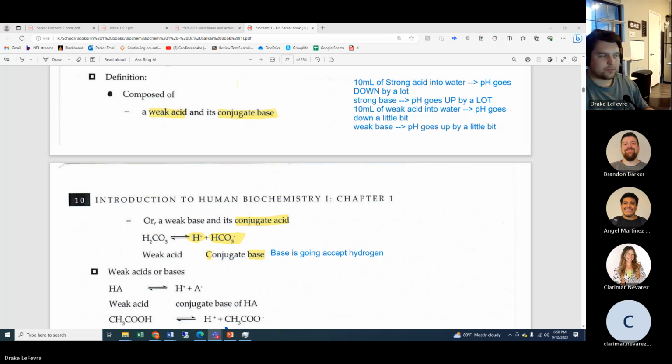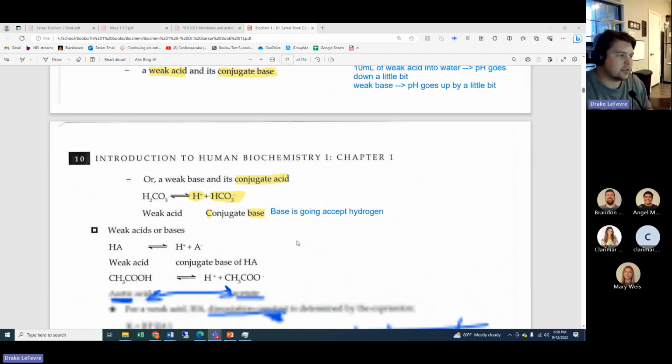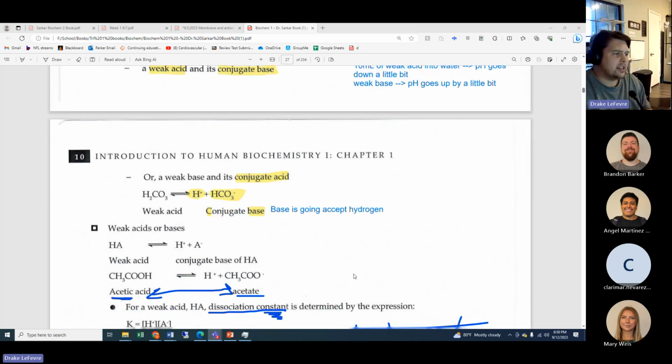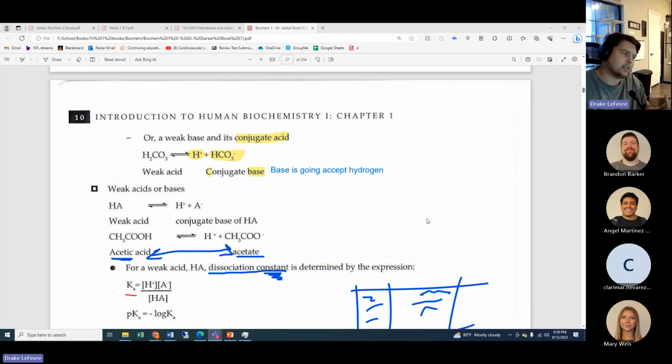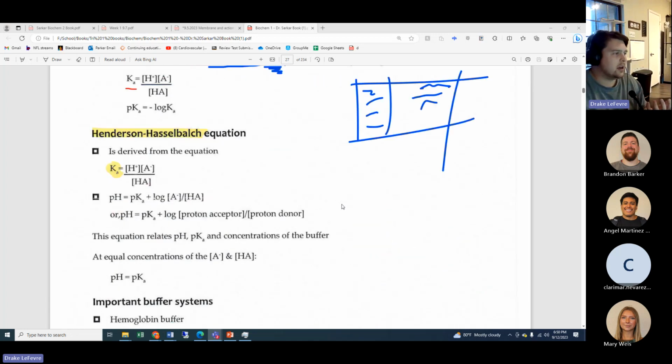Yes. So those are the kind of questions that you'll get, more along those lines. And then understanding the difference between a weak acid and a strong acid, understanding what a conjugate base is. He'll also ask questions with the equations.